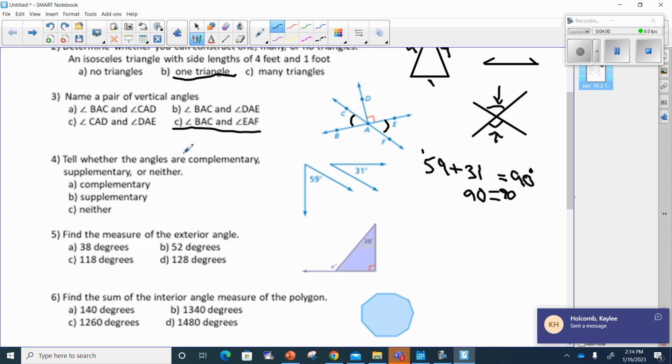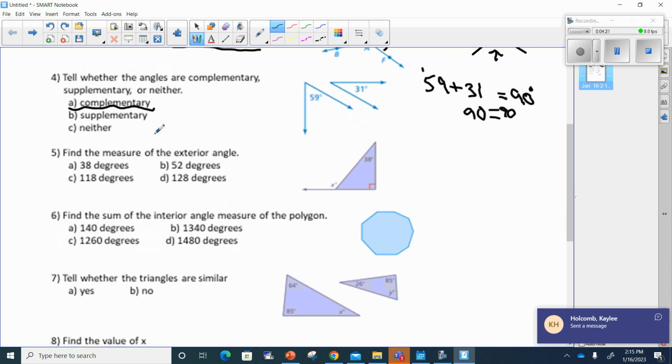Remember, this says tell whether they're complementary, supplementary, or neither. I'm going complementary. Now, supplementary angles are two angles that equal 180. These definitely didn't equal 180. And then neither would mean that these angles neither equal 90 or 180. So they had to be complementary.